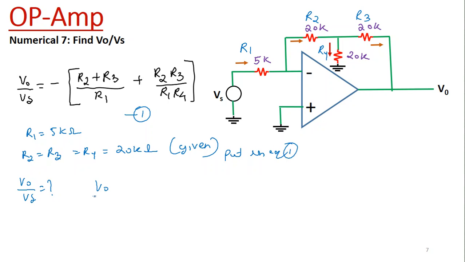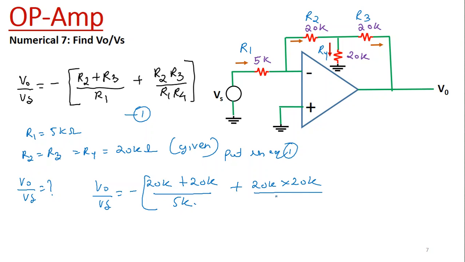So V0 upon Vs is equal to minus of R2 plus R3, R2 is 20k plus R3, R3 is 20k, divided by R1, R1 is 5 kilo ohm, then plus R2 into R3, that means 20k into 20k divided by 5k into R4, R4 is 20k. So this is the equation we are going to get after putting the values.